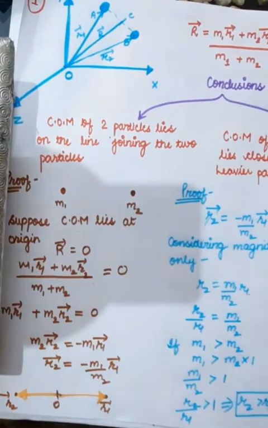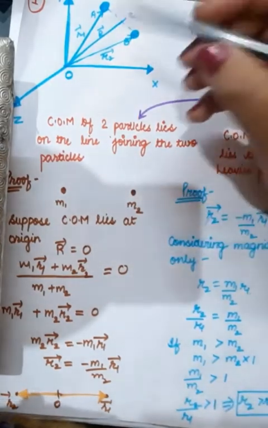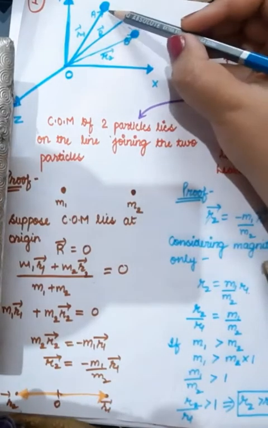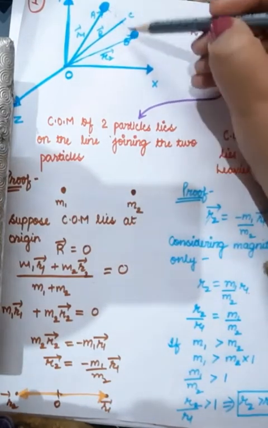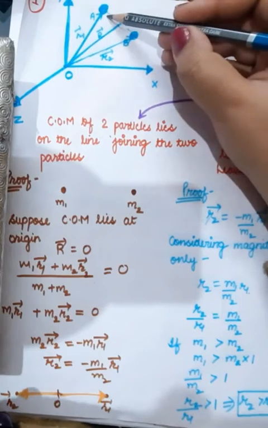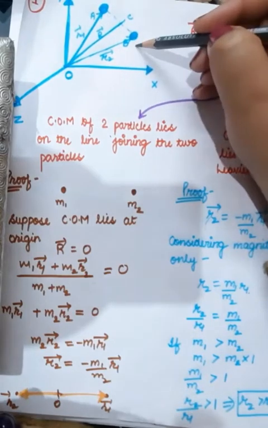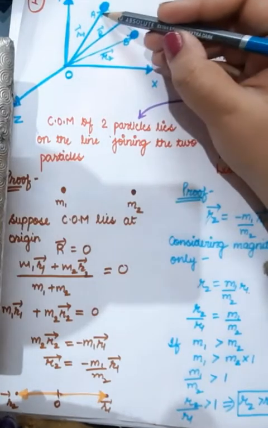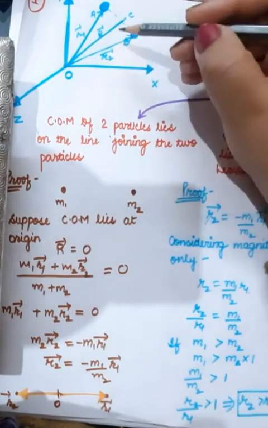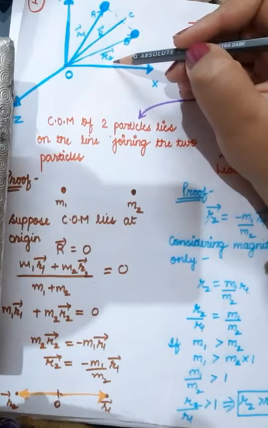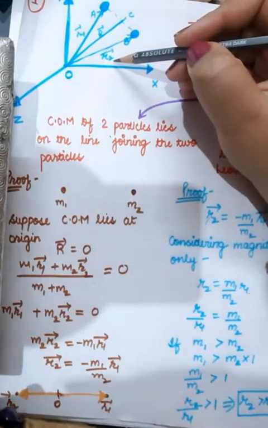So I'll just again recapitulate the whole scenario. Basically, these are two particles A and B. A has mass m1 and B has mass m2. The position vector of particle A is r1 vector and the position vector of particle B is r2 vector.